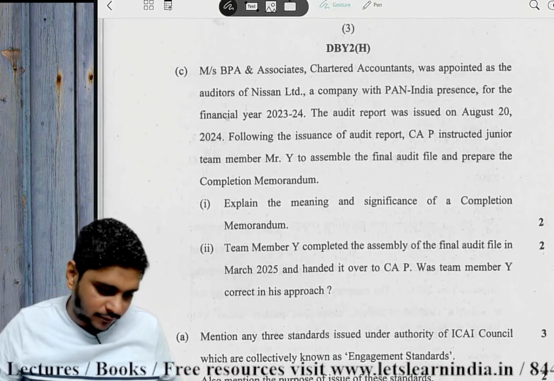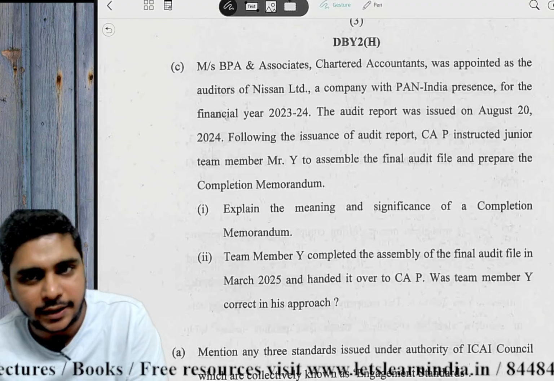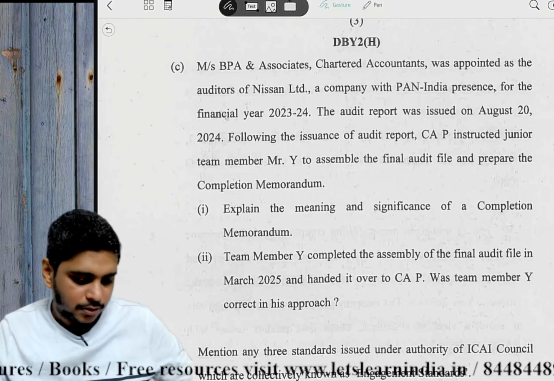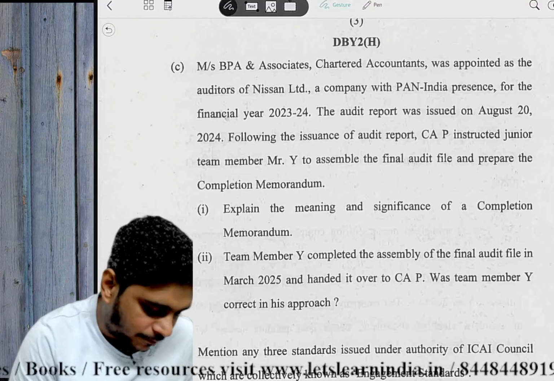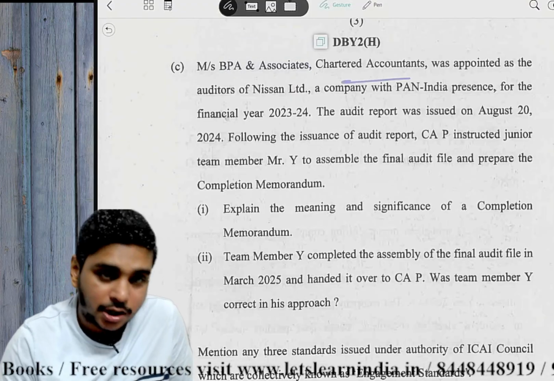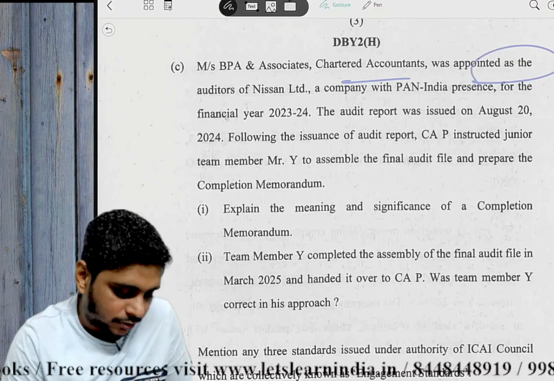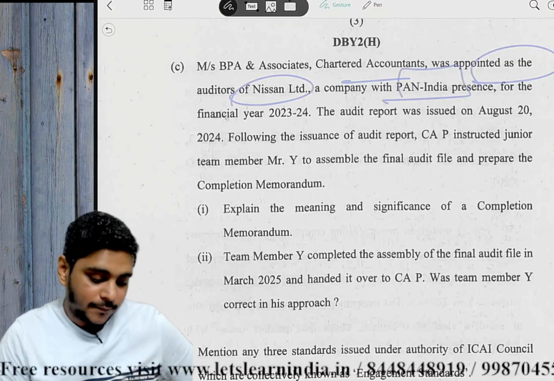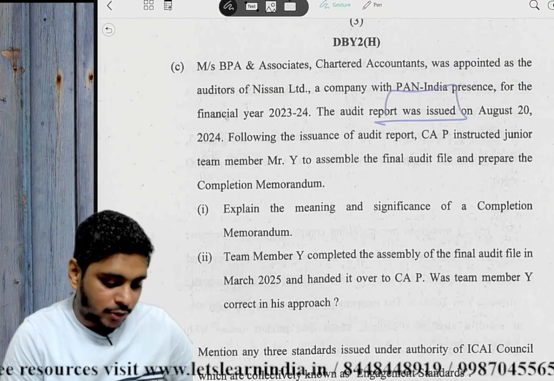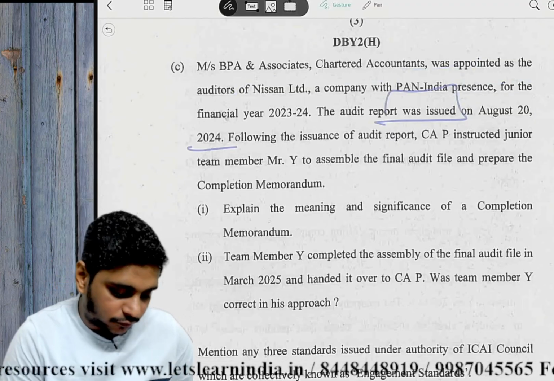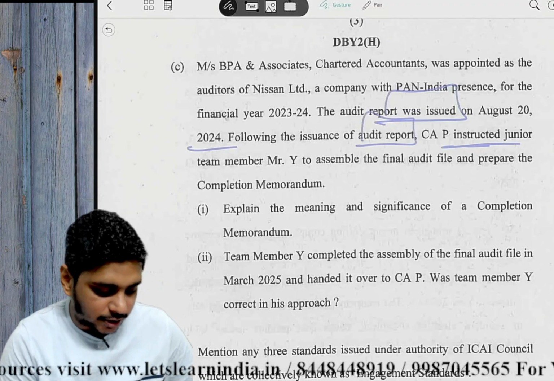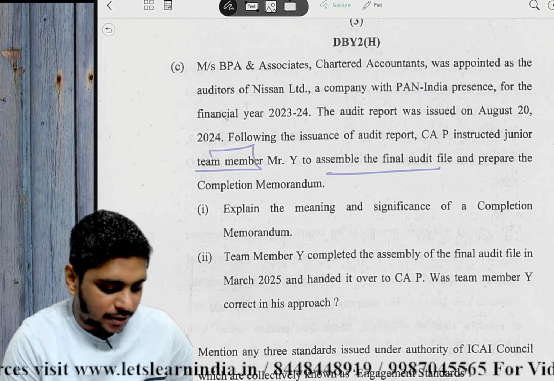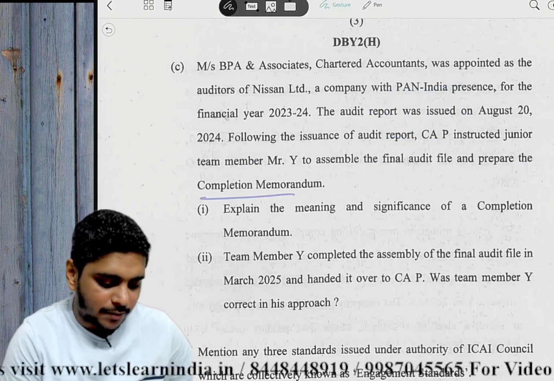Now see, question number 1C. Let's try to identify this. So here if you see, Messrs BPA and Associates, Chartered Accountants, was appointed as the auditor of Nissan Limited, a company with Pan India presence for the financial year 23-24. The audit report was issued in August 2024. Following the issuance of the audit report, CA BPA instructed junior team member Mr. Y to assemble the final audit file and prepare the completion memorandum.